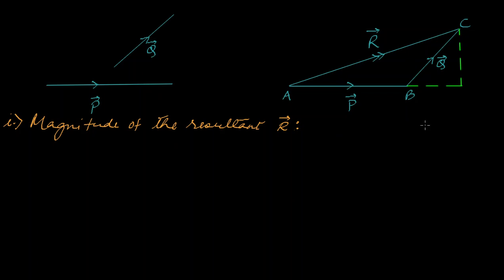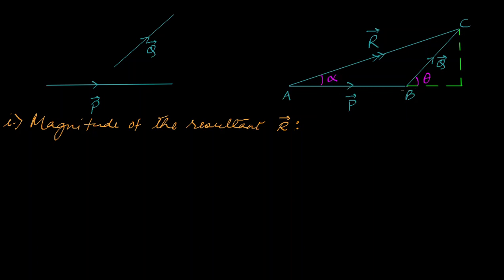The direction of the resultant is determined by the angle that it makes with the first vector. Here we have two angles. This angle is denoted by theta, and another angle here is denoted by alpha.